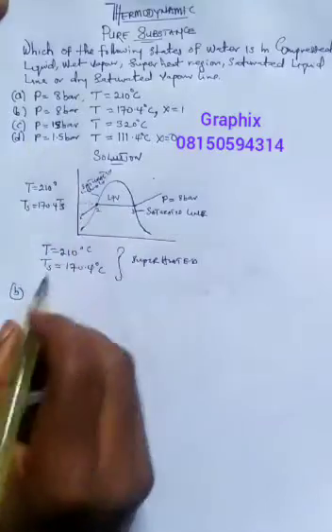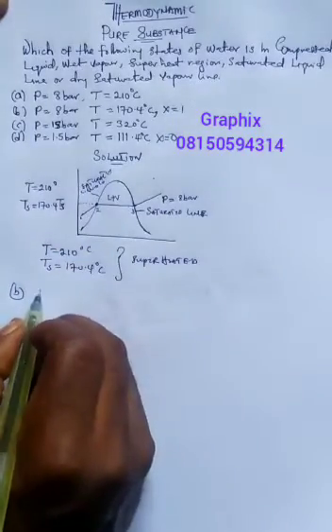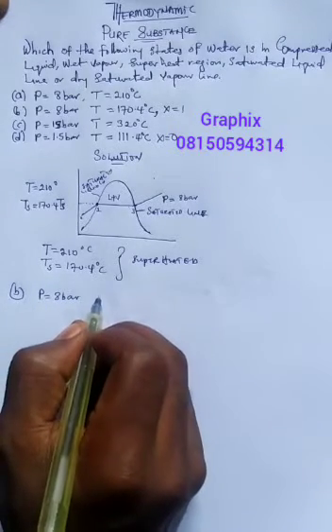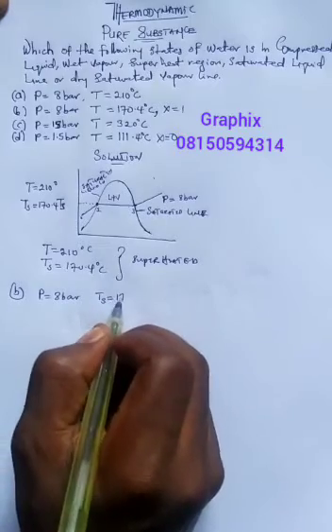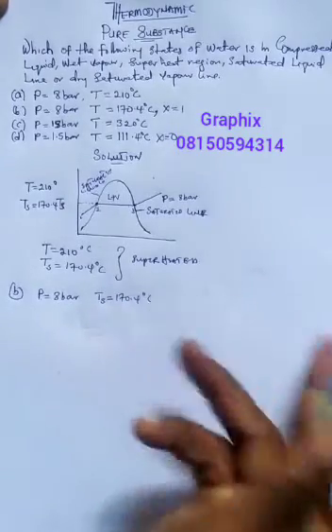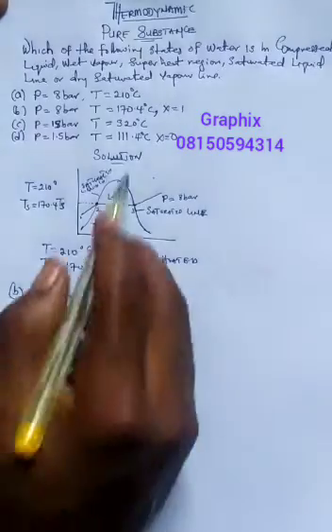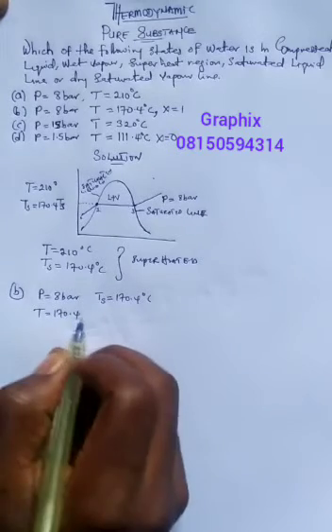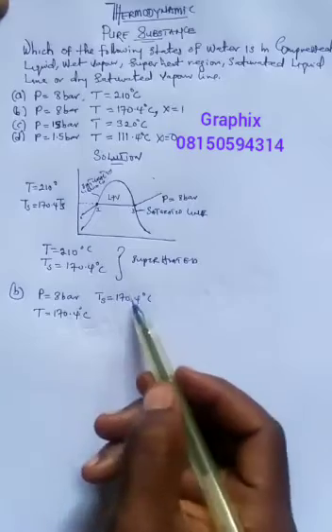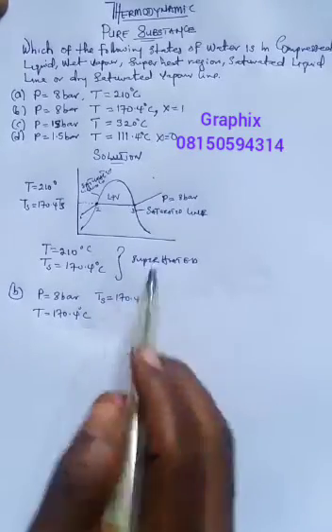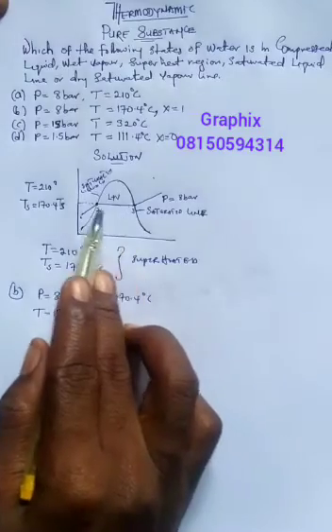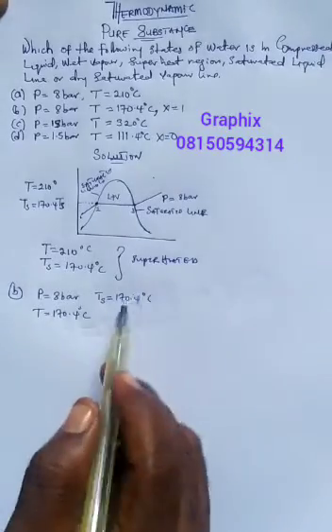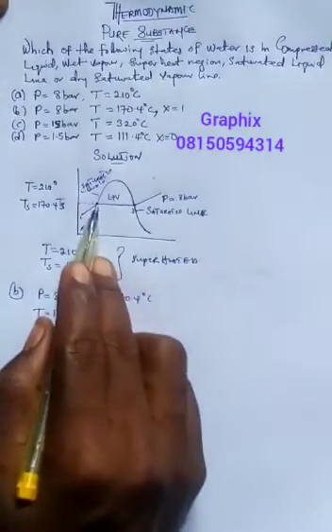Number 2, that is B. It's saying that the pressure is still the same, P equal to 8 bar. And we know when P is 8 bar, our saturation temperature will be 170.4 degrees Celsius, just like we checked in our last question. Are we good? And the temperature given, T, is 170.4 degrees Celsius. Now the TS and T are the same. So it means that this line here is our TS, which is 170.4, corresponding to our T. So the temperature is falling on this line.